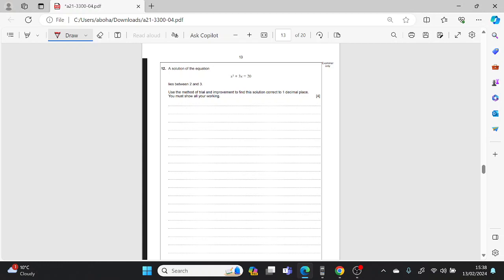You know what's happening here, guys. Usual thing, lies between 2 and 3. So again, you're going to do your 2.1, and my x is going to be that, and when I put it into this, I get an answer of 15.561.